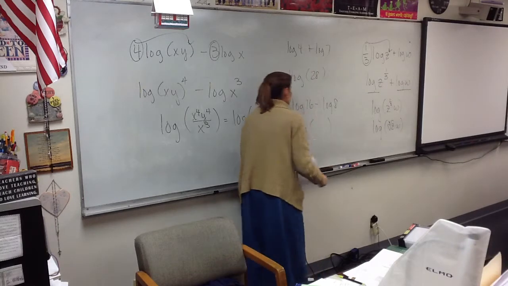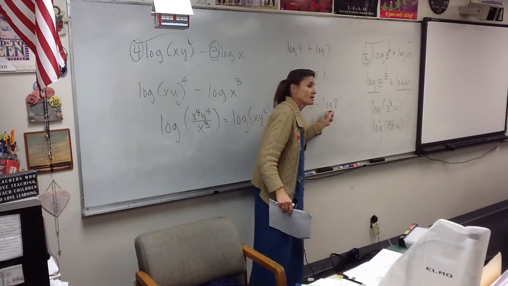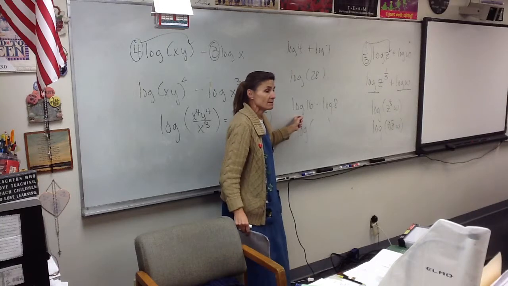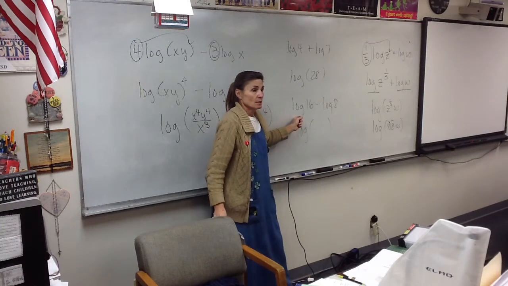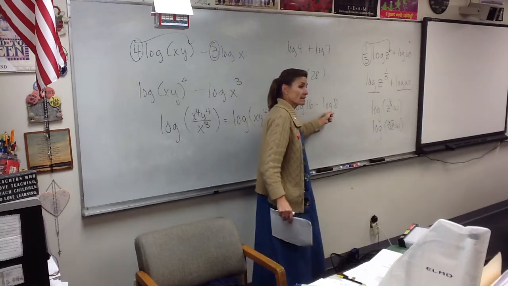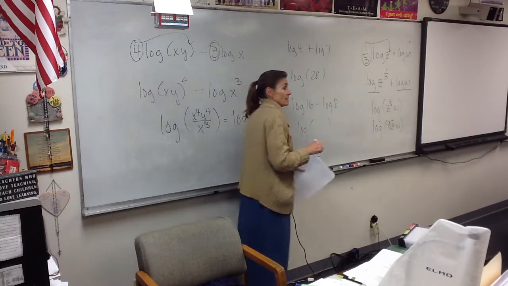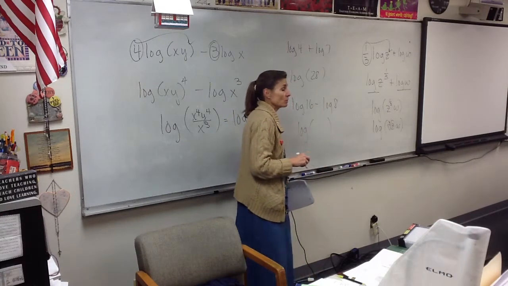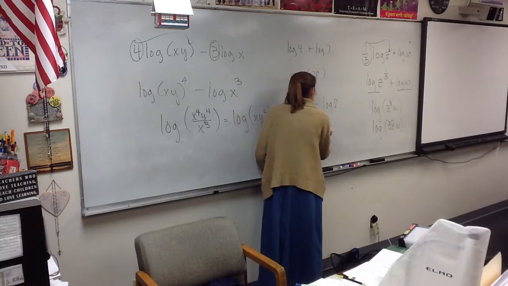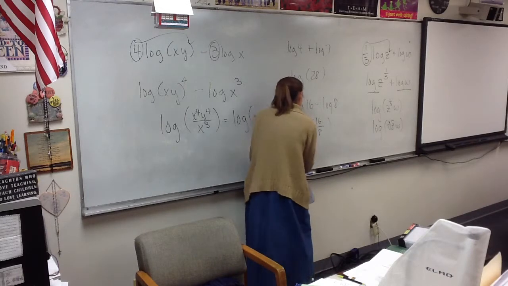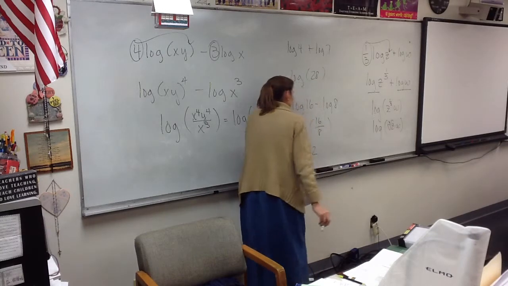Okay, so we've got two logarithms here, and as Gibran has pointed out, they're being subtracted. When logarithms are subtracted, when we squish them together, it becomes what? Add, subtract, multiply, or divide? Division. So this is going to become 16 over 8, which reduces to log 2.